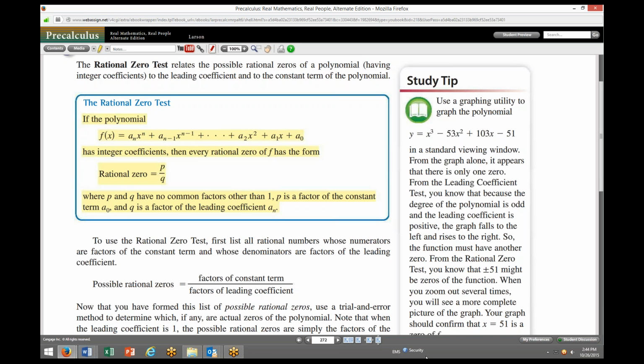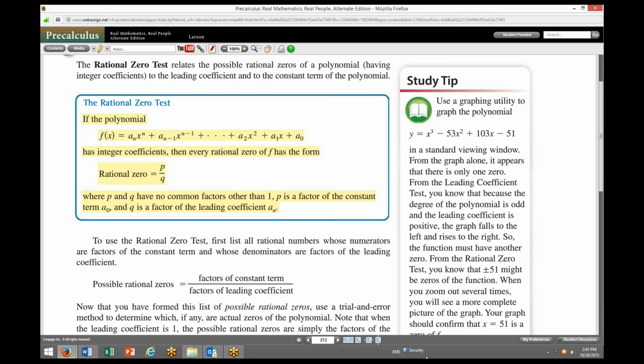In other words, p over q is a fully reduced fraction. And p is an integer factor of the constant term a sub 0, and q is a factor of the leading coefficient a sub n.